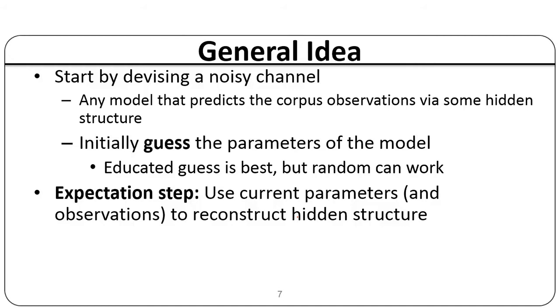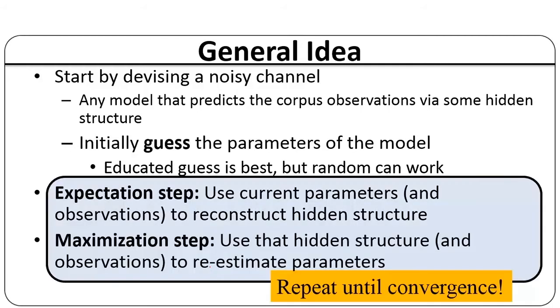The second thing is the expectation step. Here it uses the current parameters, whatever value we calculated, to reconstruct the hidden structures, and then we repeat it. After that, we use the maximization step, which uses the hidden structure and observation to re-estimate the parameters. This process has to be repeated until the result converges.